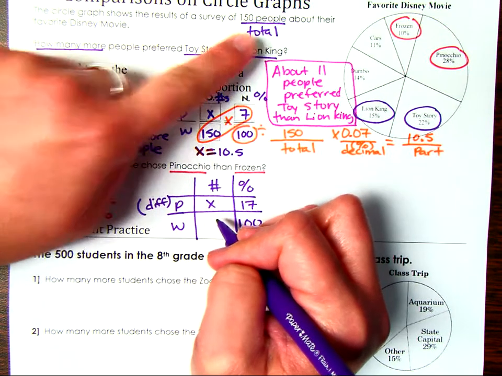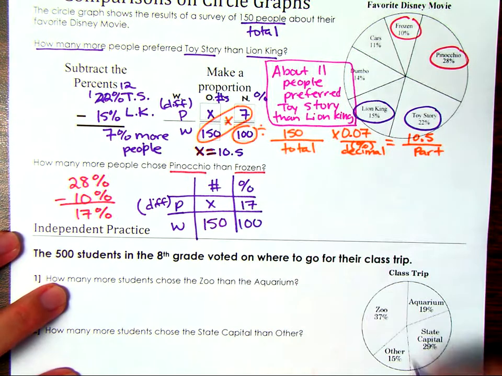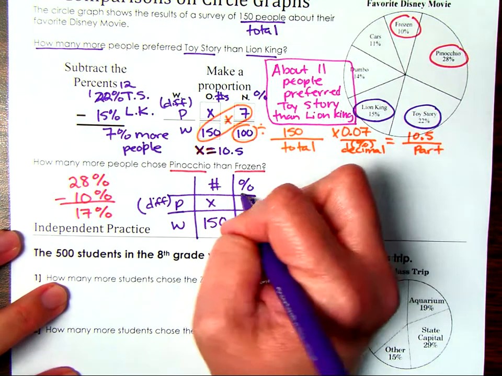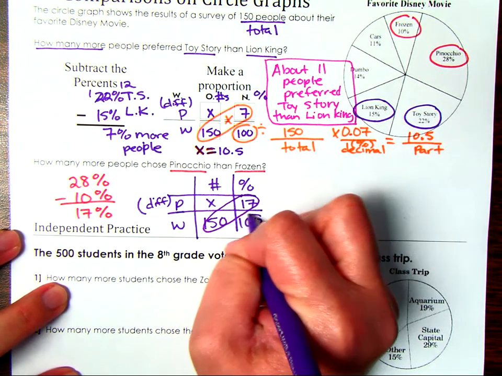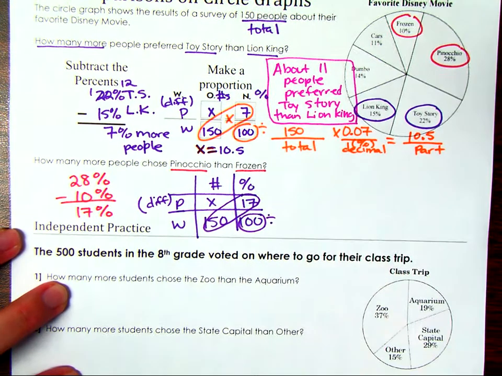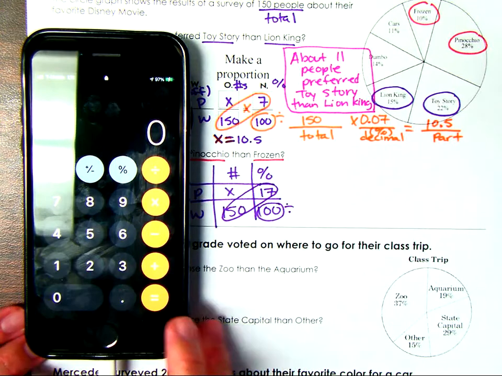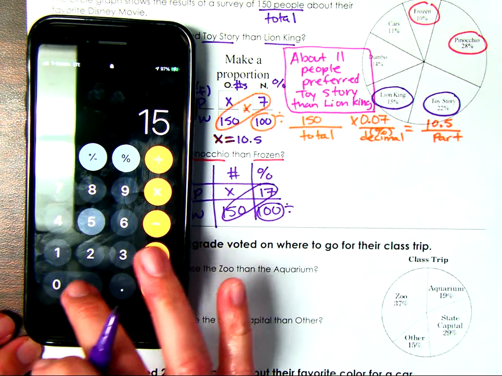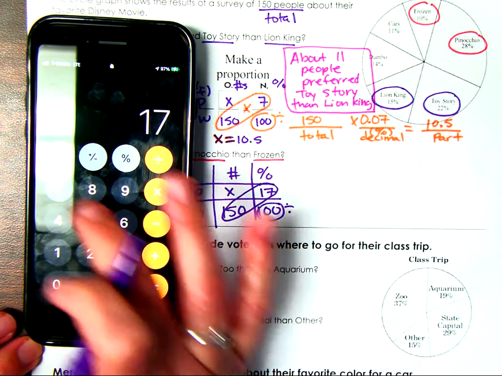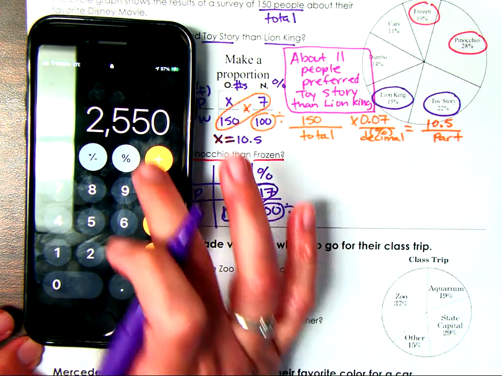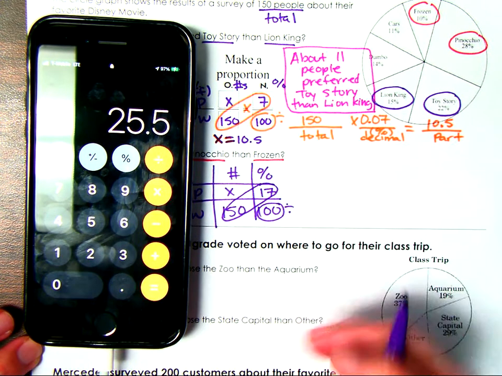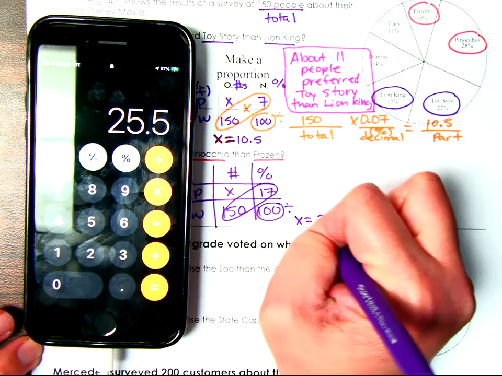Unless they tell me that they surveyed a different amount, we're going to keep that total the same. Here again, we can cross multiply and then divide. For time purposes, I'm just going to use a calculator, but make sure you know how to do this math without one. 150 times 17 is my cross product, divided by 100. So I'm getting x is equal to 25.5.